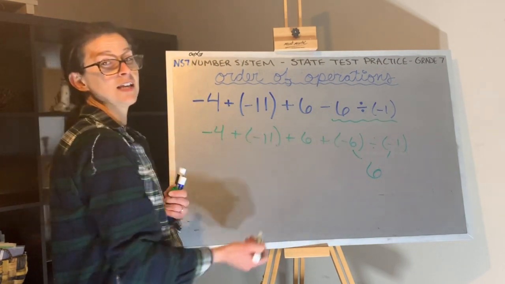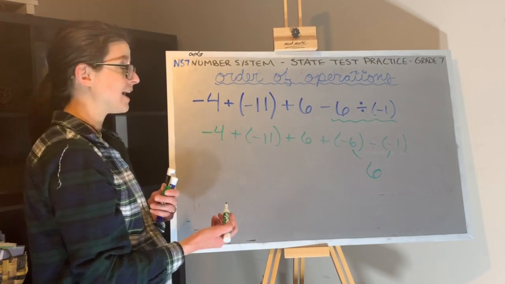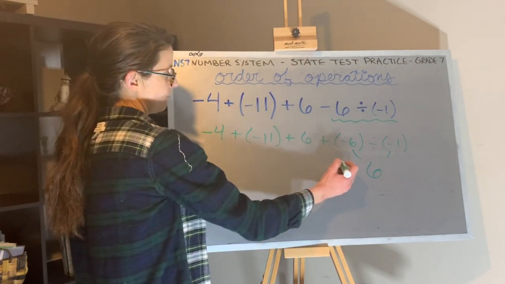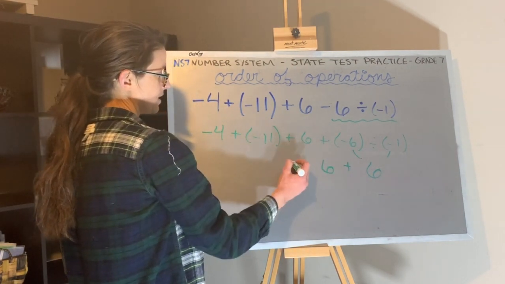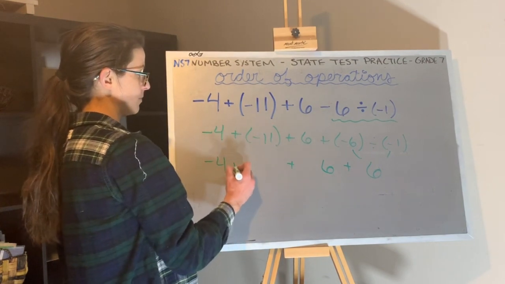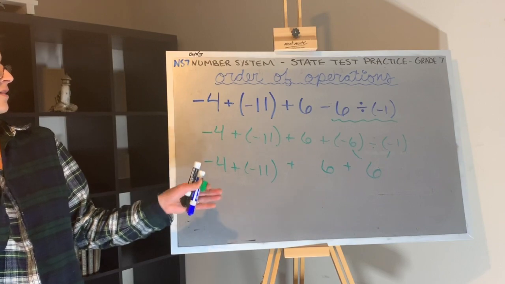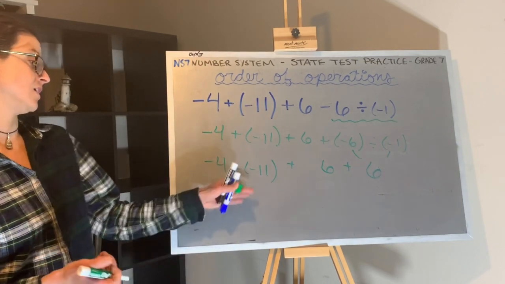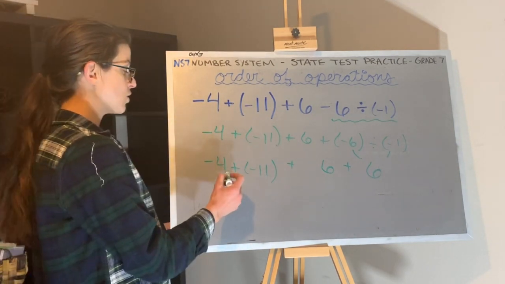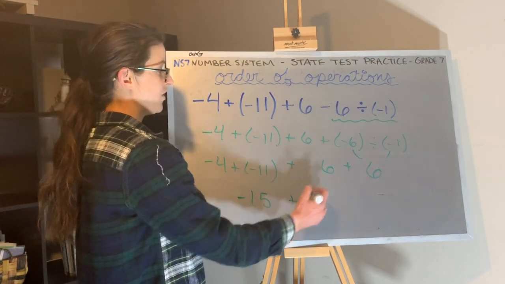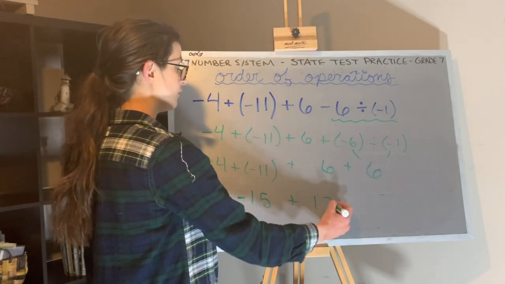And unfortunately, I didn't have a pair of opposites here to add together to get a zero sum. So I have 6 plus 6, and then I have two negatives, -4 plus -11. I'm going to go ahead and add the numbers together that have the same sign, and luckily they're already next to each other. So -4 and -11 more makes -15, and then 6 and 6 more is 12.